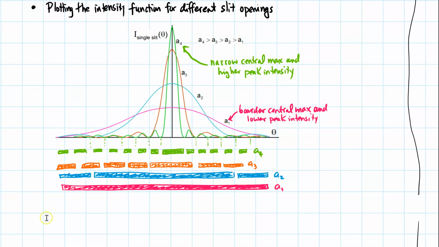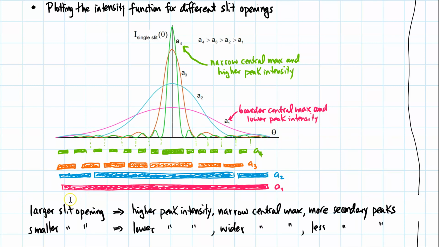So what you find here is that if I have a smaller a value, I have one big, broad central max with very likely no secondary maxima. But if I have a wide opening, I get a more intense beam, but then I have numerous secondary intensities.